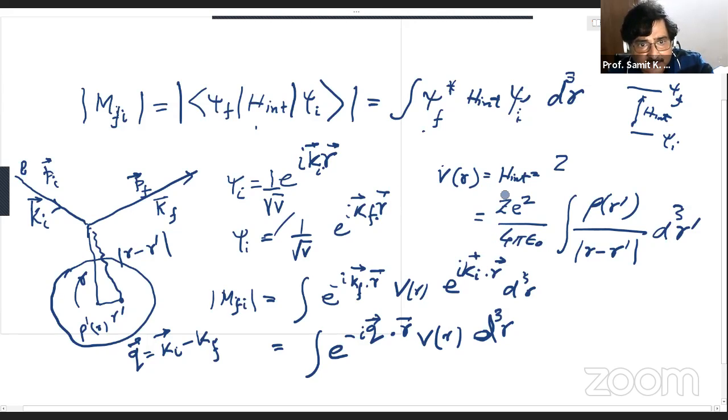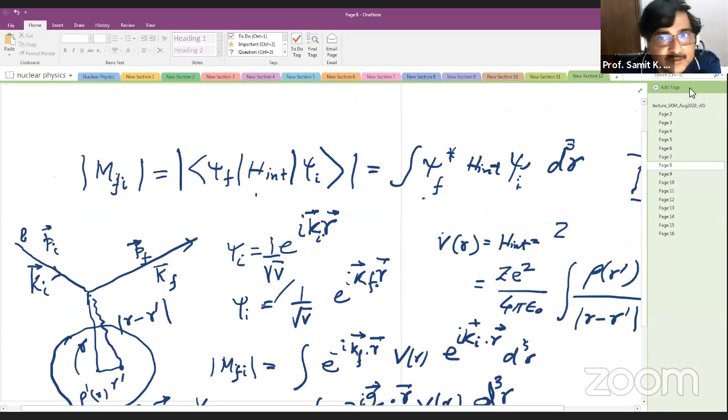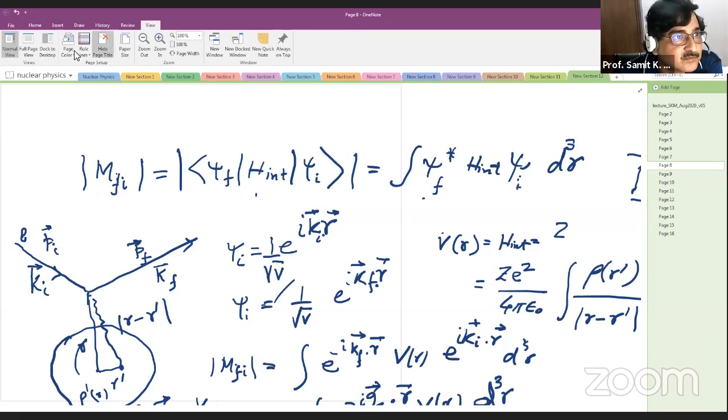Insert the V value here, and what we get you can see from here. If we insert, then we just remove the V(r) from here.